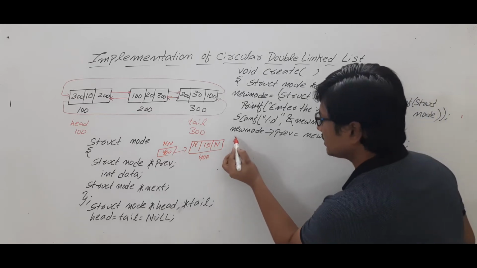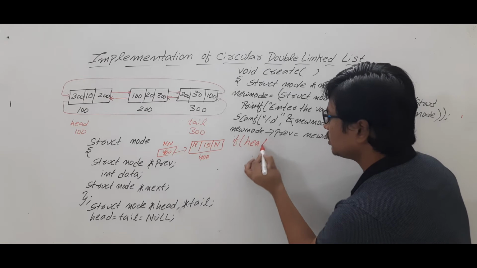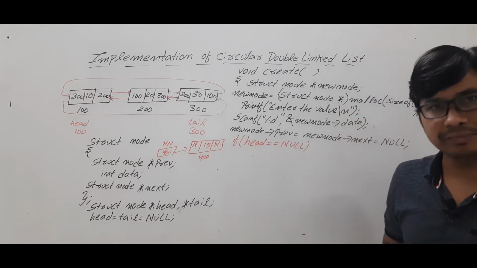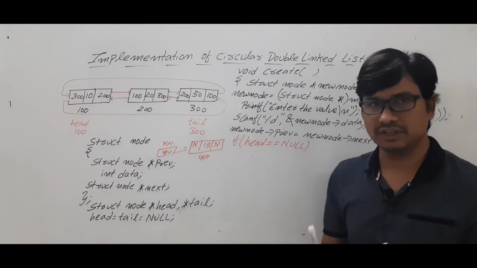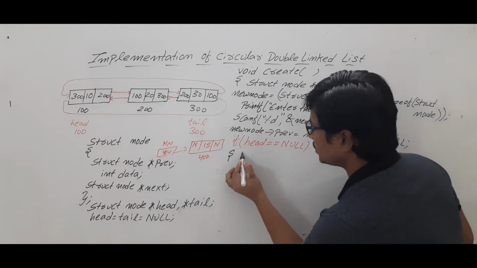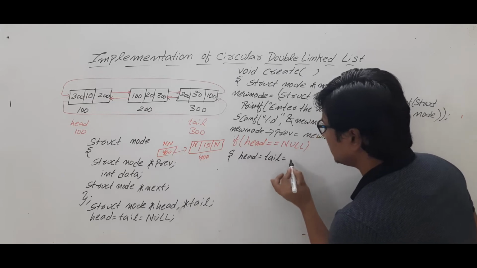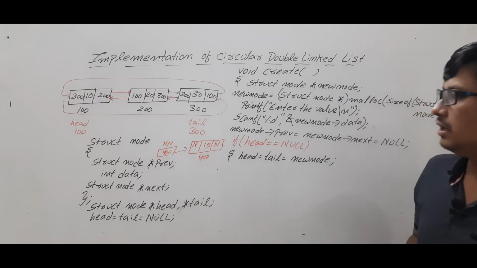I can write an if condition: if head is equal to null, then the meaning is that the linked list is empty. If the circular double linked list is empty and you are inserting one node, that will be the first node and the last node. So you have to write head is equal to tail is equal to new node. Are you able to understand?